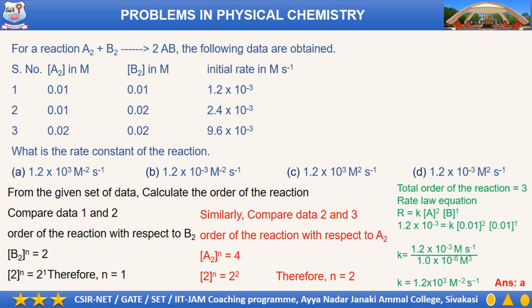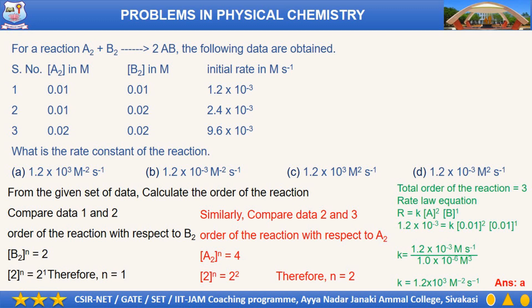Third one: you need 3 rate equations because you are going to calculate the second order. Therefore, 3 is necessary. 0.02, 0.02, 9.6 into 10 power minus 3.